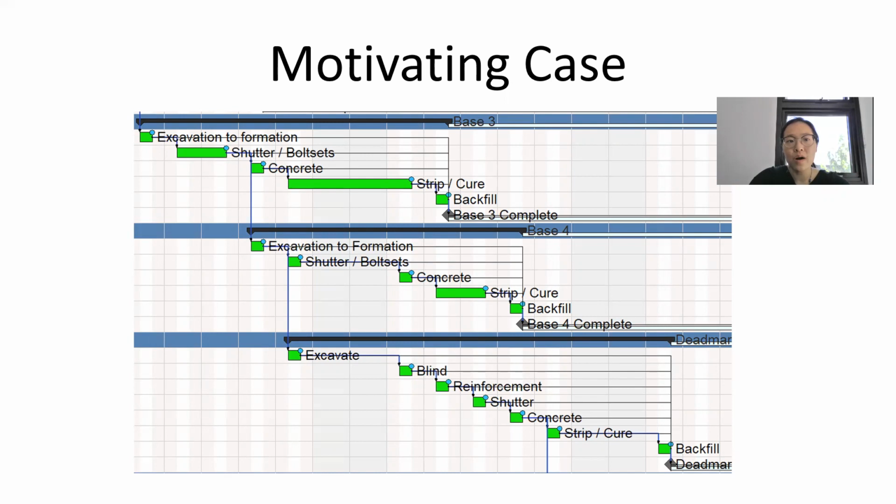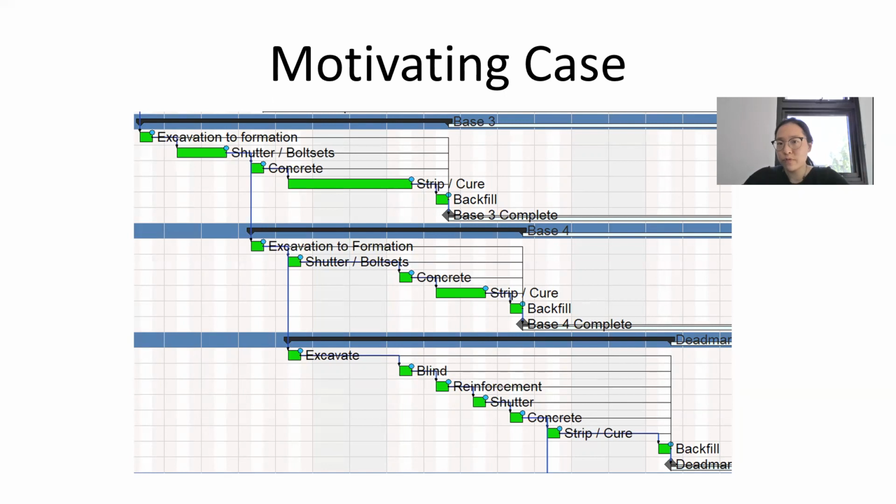And then the green bars that you're seeing are the construction activities to deliver the base construction, for example, excavate, formation, followed by concrete, strip and cure, and then backfill. From the first look, nearly all these base constructions are similar, especially base 3 and base 4, which are literally identical.